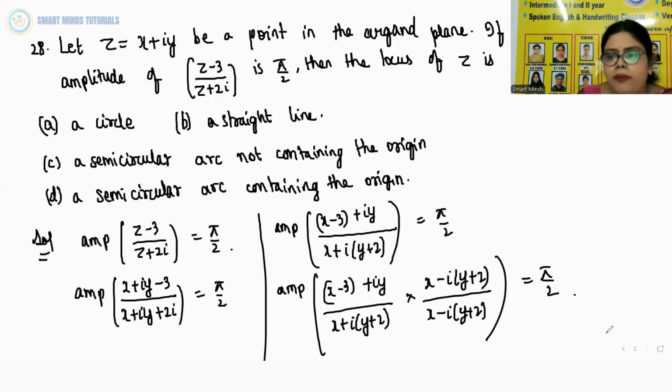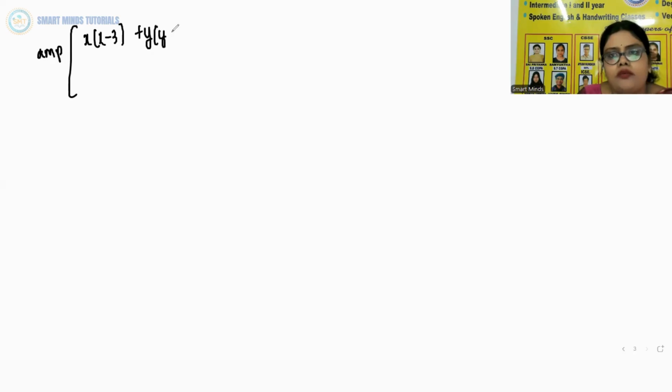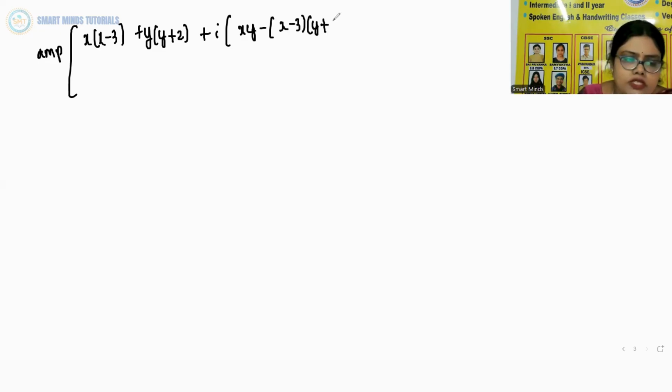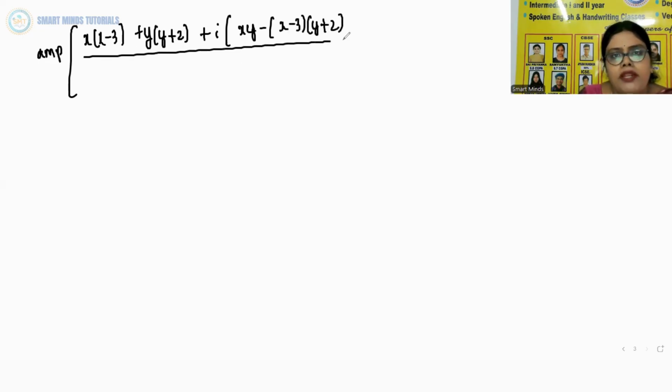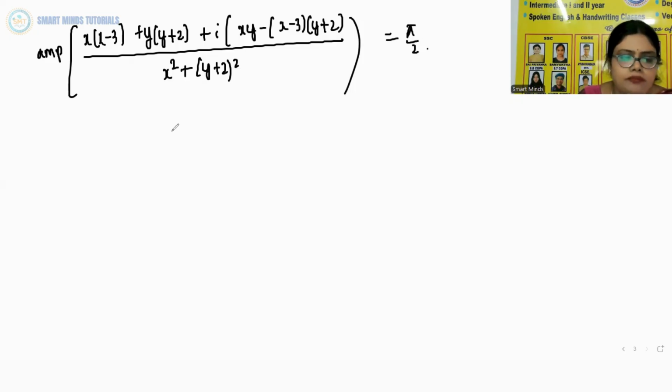Now if we multiply them, we will get amplitude of [x(x - 3) + y(y + 2) + i, if we take common, (xy - (x - 3)(y + 2))] divided by, denominator is in a + b into a - b form, x square + (y + 2) whole square. That is equal to pi by 2.